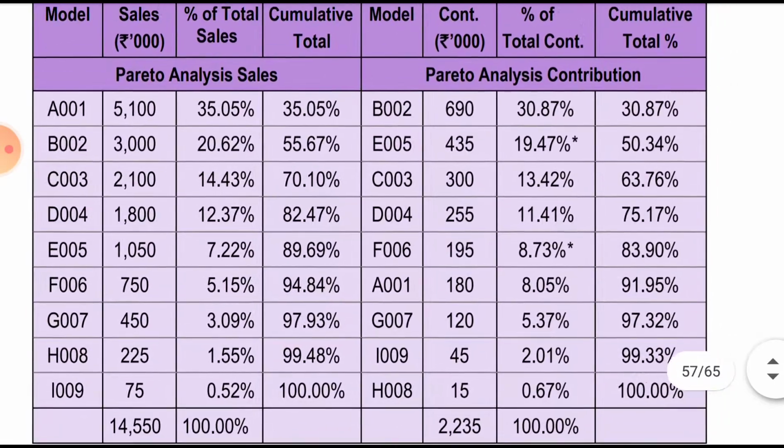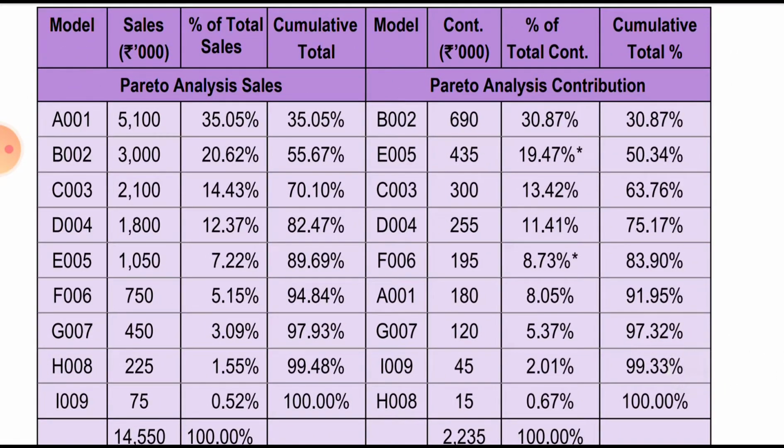Then we can also analyze that A1 is giving us sales of 35%, but in the contribution column it is only 8.05. That is, it has the highest sale but the lowest contribution.